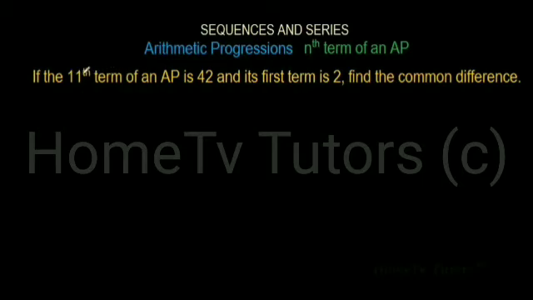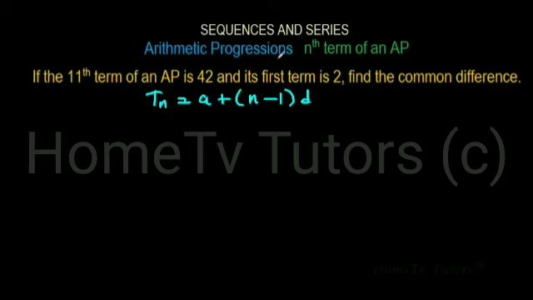Now let us solve another example. If the 11th term of an AP is 42 and its first term is 2, find the common difference. We are still going to use the nth term formula, A plus (n minus 1)D.